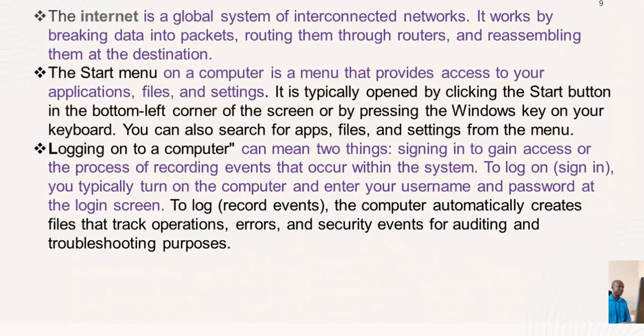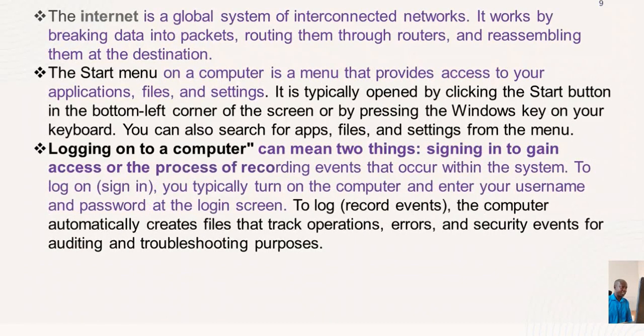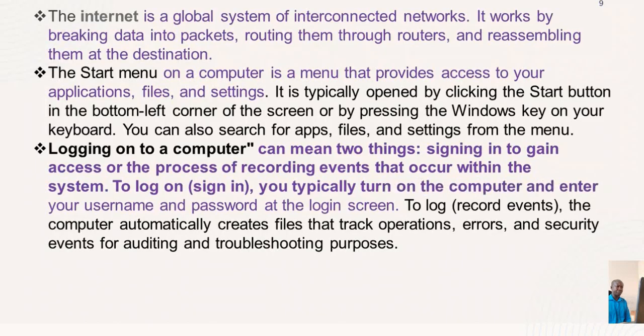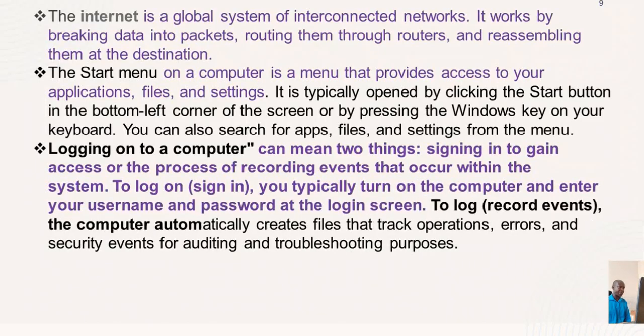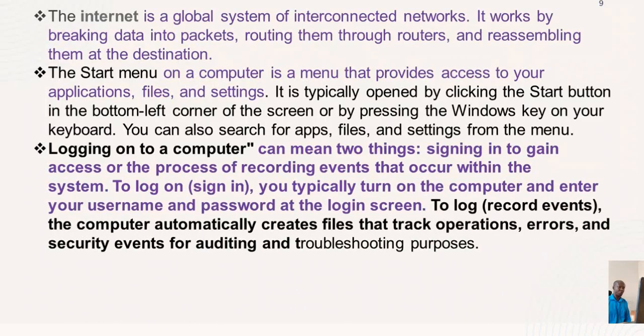Internet is the global system of interconnected networks. Startup menu on a computer is the menu that provides access to your application files and settings. Logging on to a computer can mean two things: signing in to gain access, or the process of recording events that occur within the system.